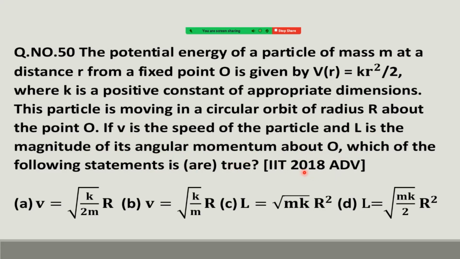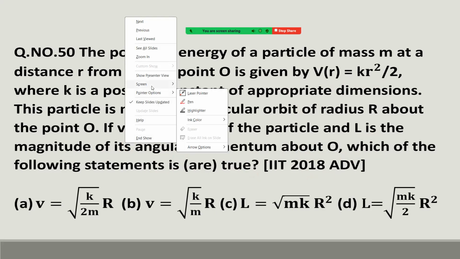Asked in Advanced 2018. So given potential energy kr square by 2, now we have to calculate what is the speed and angular momentum about O, right? Let us see now how to start the problem.